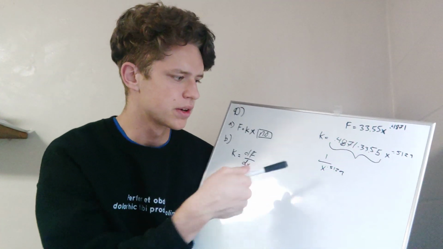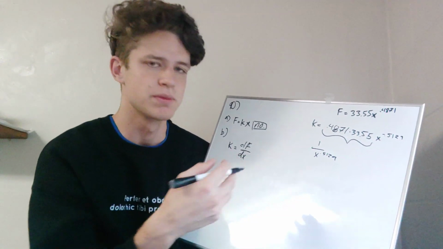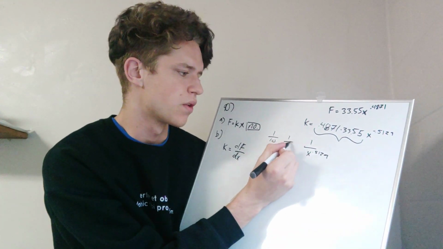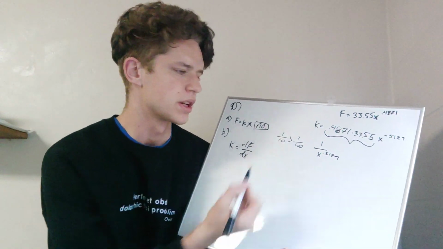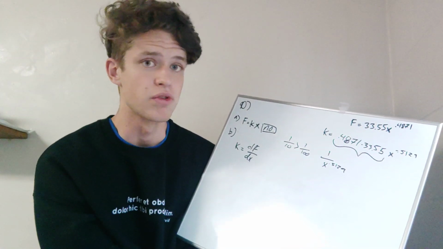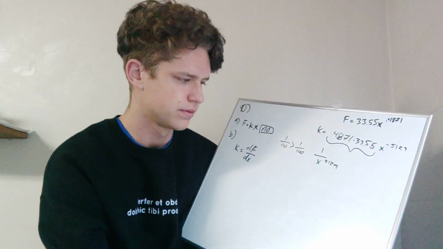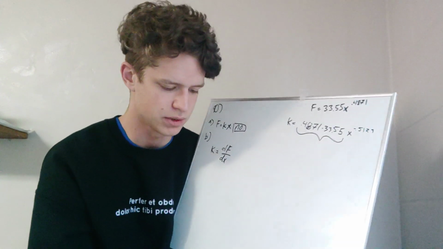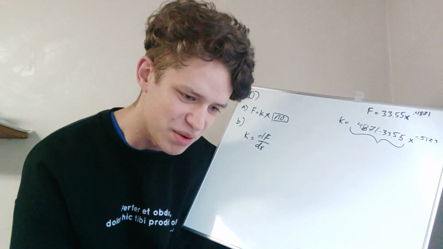And so as X gets bigger, you have a bigger number on the bottom, which means it's going to be getting smaller. Because if you have 1 over 10 and then 1 over 100, the number in the bottom is bigger on this one, but it's smaller. So as the number gets bigger on the bottom, it'll get smaller overall. So yeah, this is decreasing overall. I'm not going to write that up there because it's hard to write like this. So that is part B.